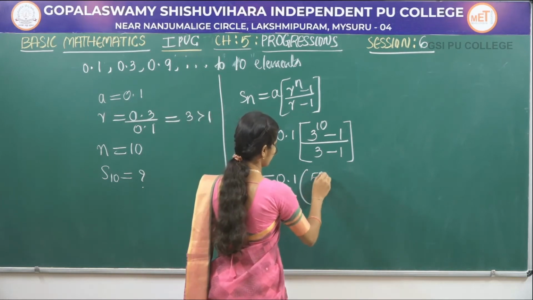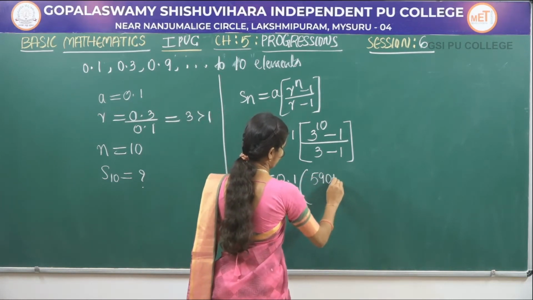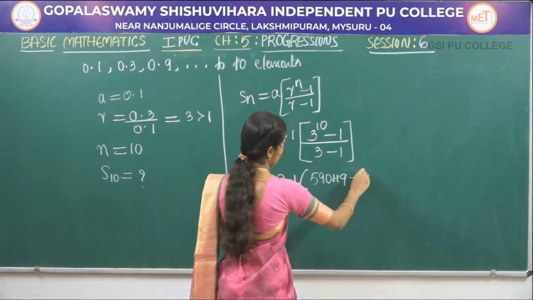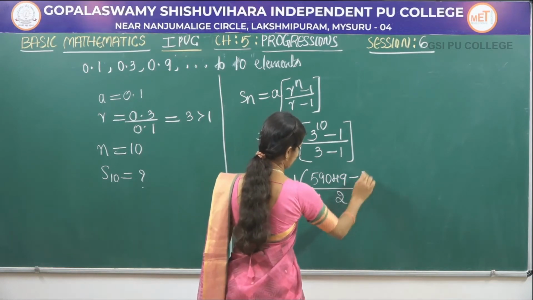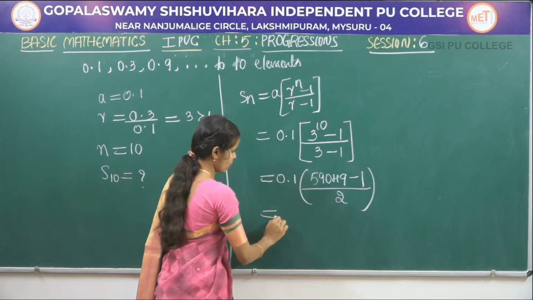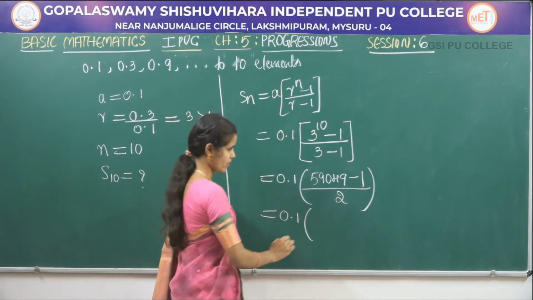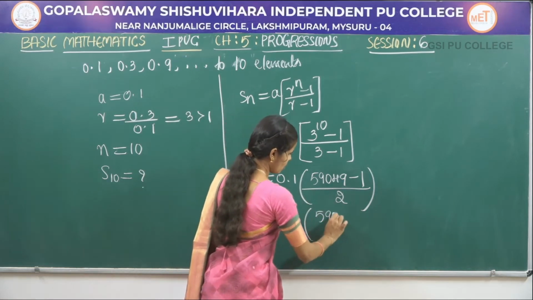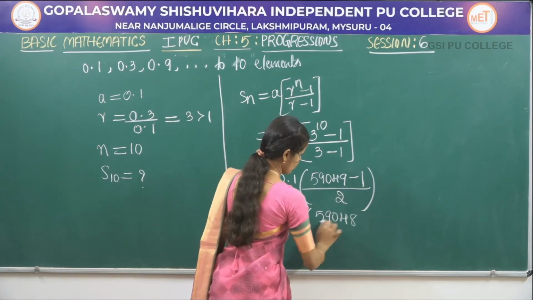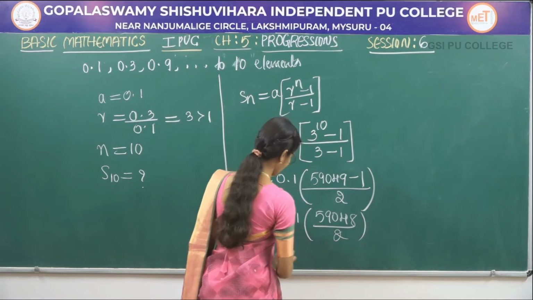is 59,049, minus 1, divided by 3 minus 1 is 2. Therefore 0.1 into 59,049 minus 1 is 59,048, divided by 2.